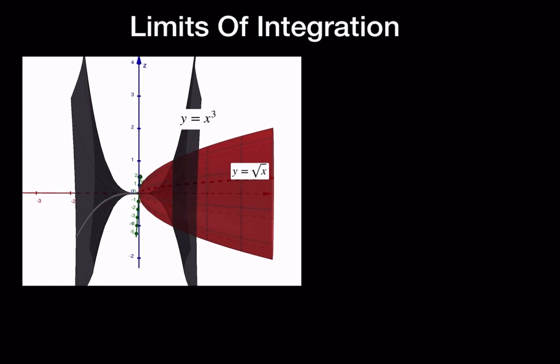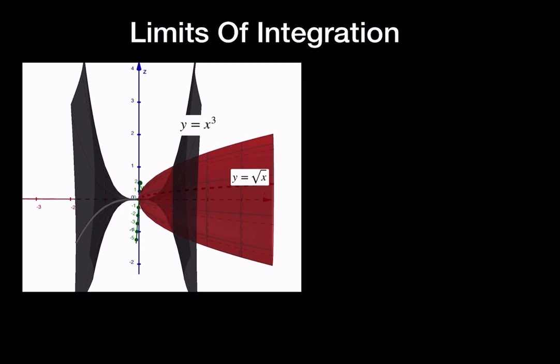Let's find the limits of integration now. As seen from the figure, there are 2 points of intersection, which can be calculated by solving the given curve equations, which are y equal to x cube, y equal to root x. Equating x cube equal to root x, squaring both sides, we get x power 6 equal to x.